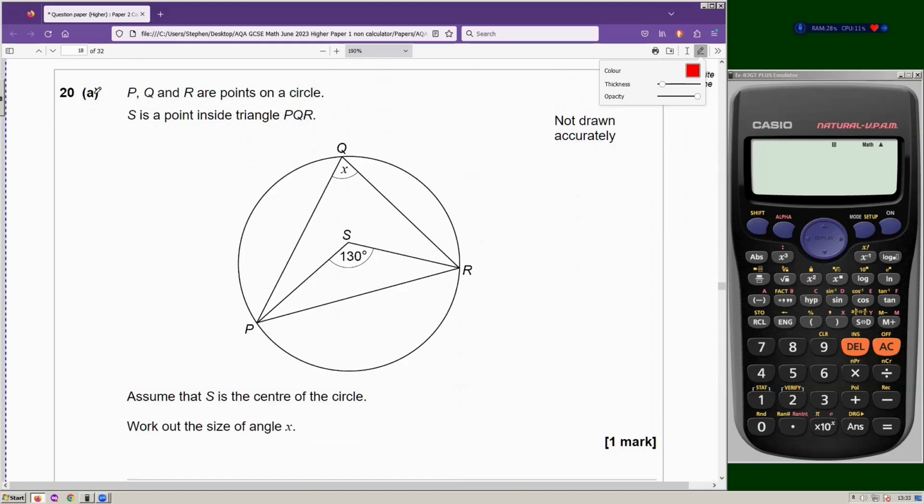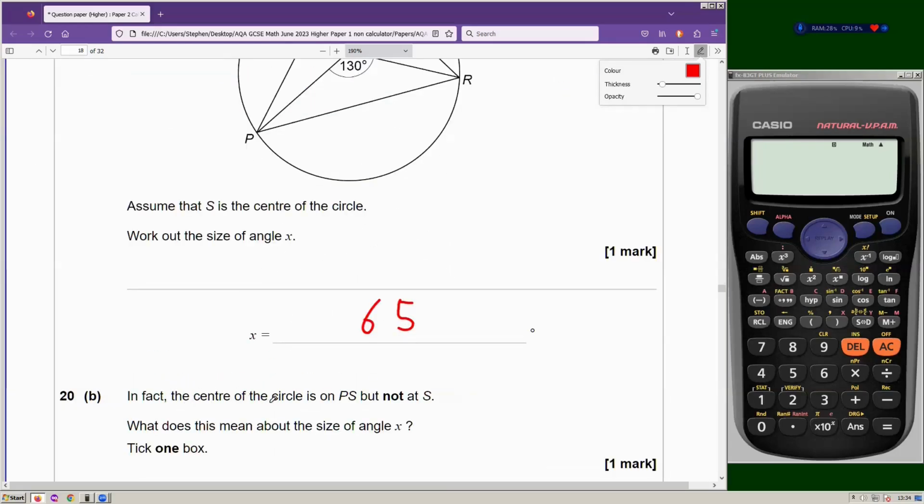Question 20. A, P, Q, and R are points on a circle. S is a point inside triangle PQR. Work out the size of angle X. Well, angle X is going to be half of it. So it's 130 over 2, which is 65, isn't it?